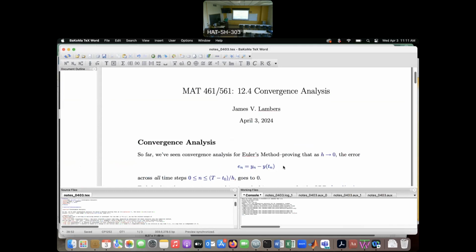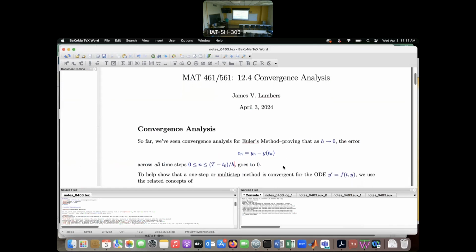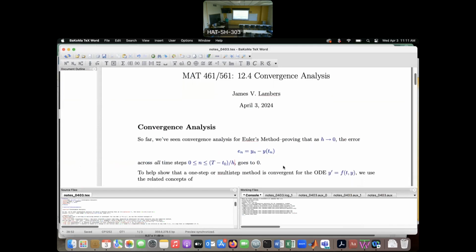So the idea here is to establish a general framework for proving that more elaborate methods, higher order one-step methods, also multi-step methods, converge. So I'm actually going to introduce a few concepts.